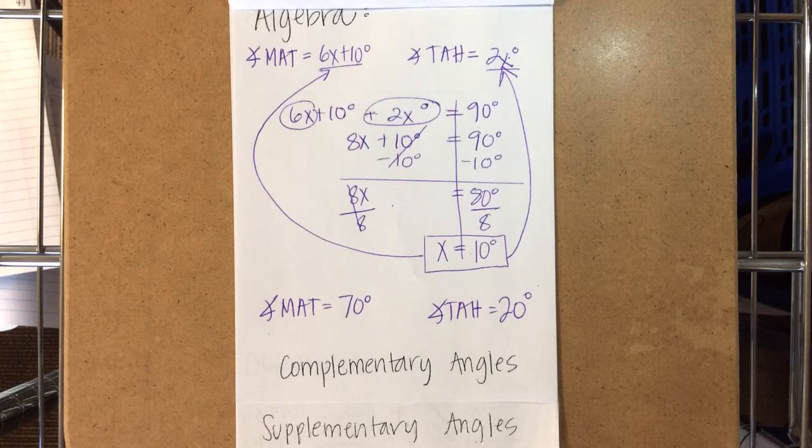Am I done? Divide by 12. x equals 14 degrees. What? My answer is 14 degrees?